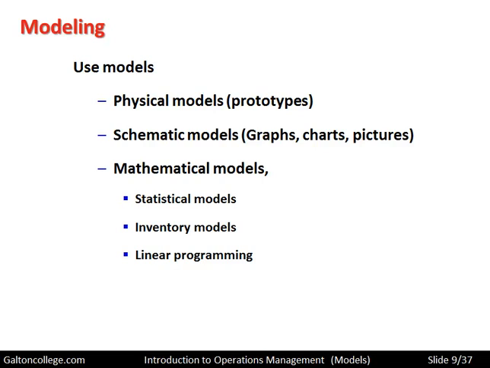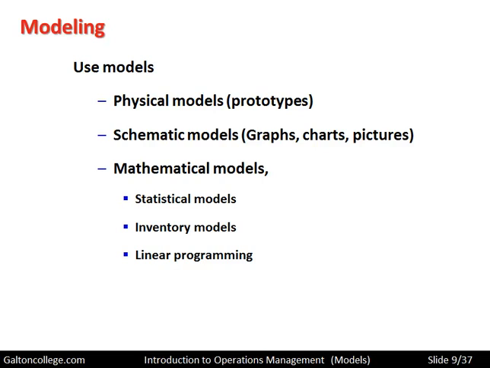Well, the constraints are the number of machines, the number of workers, the capacity of the stores. There are many constraints that may be taken into account, and the amount produced will be determined by the value of the constraints. But what exactly the amount should be can be calculated using linear programming.